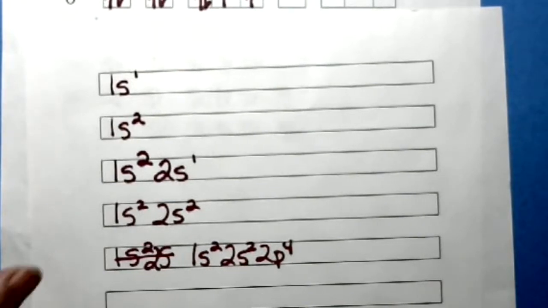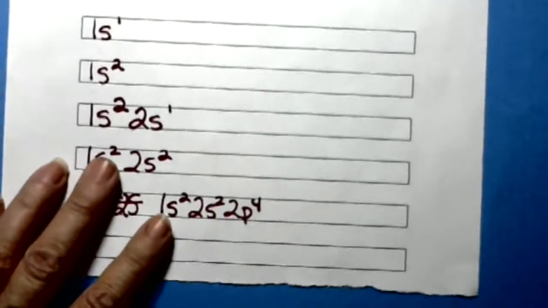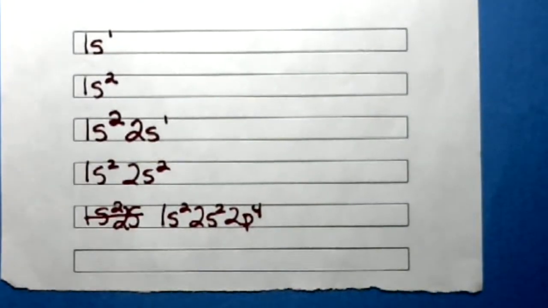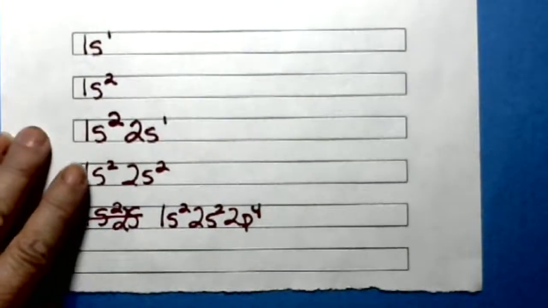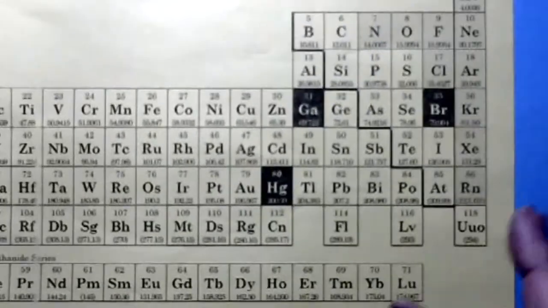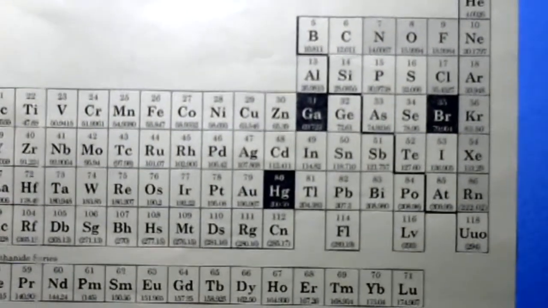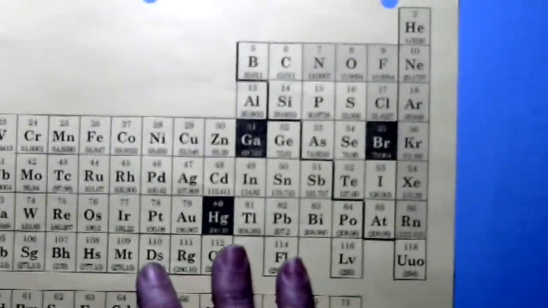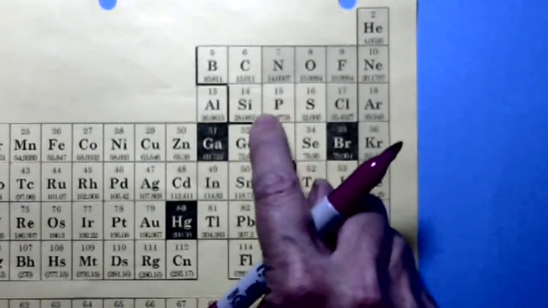All right, hopefully you did that and you're back. What if I wanted to do an electron configuration, but didn't do a box diagram? I just wanted to do it given an element. So here we have the periodic table. And what if I wanted to do phosphorus?